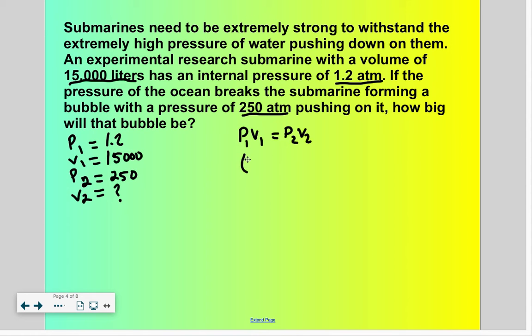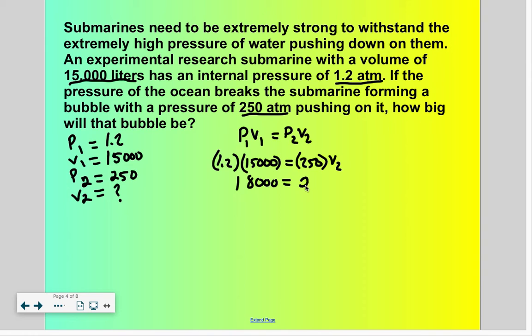I'm going to go ahead and write volume 1 first, 15,000, and then I can put the 1.2 for spacing purposes. And P2 is 250 times V2. So I'm going to take that 15,000, multiply it by 1.2, and that's going to give me 18,000.